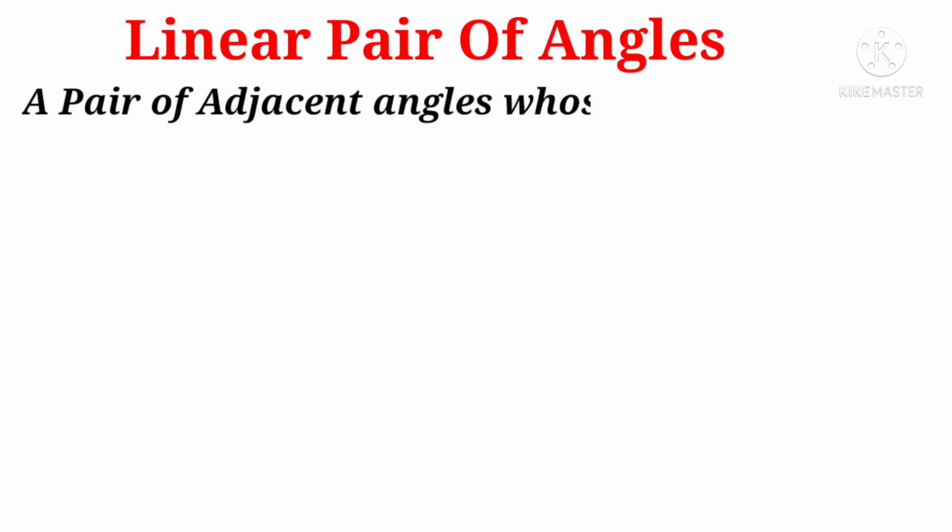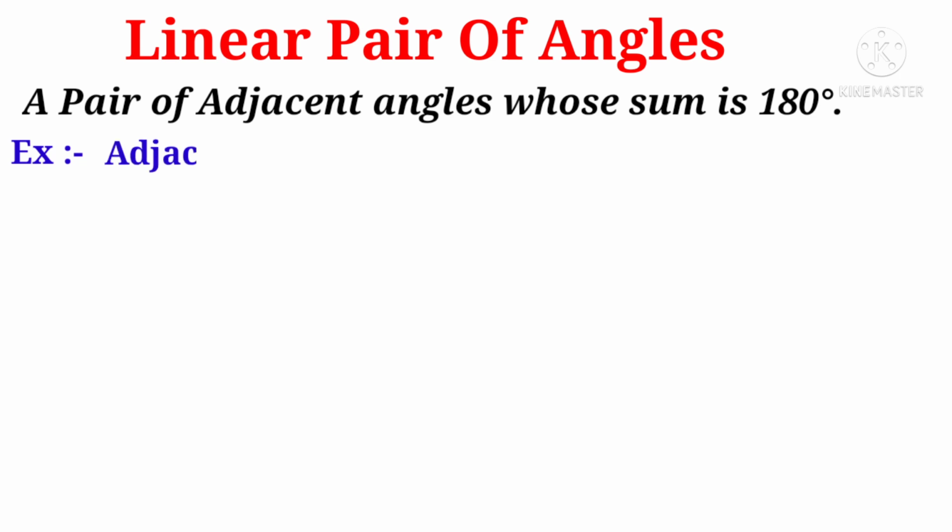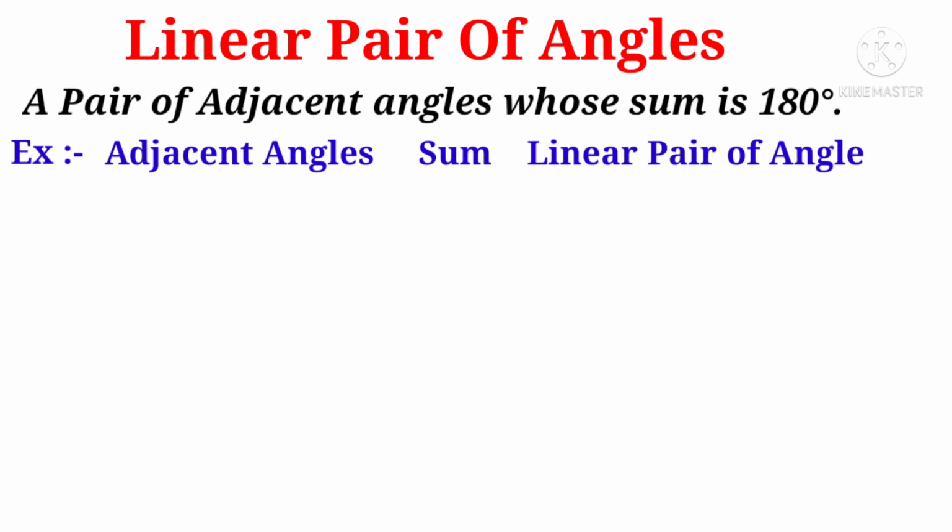Now let us observe the actual definition. A pair of adjacent angles whose sum is 180 degrees is called a linear pair of angles. Let us take an example. Take adjacent angles, then take their sum and decide whether they are a linear pair of angles or not.